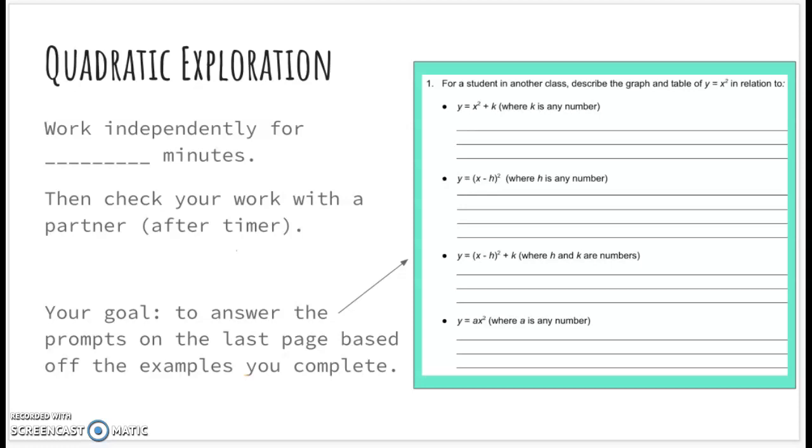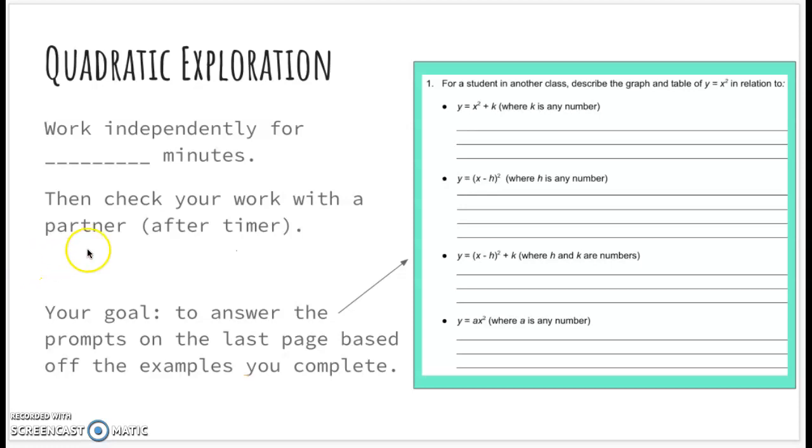All right, so at this point, we have an exploration, and I can certainly tab you through so you can see each of the pages of the exploration. But what I really want to challenge you to do is hop on to Desmos.com and look and see, as you type in various numbers, what is happening to your equation and your graph.